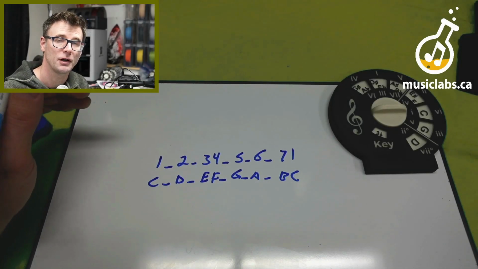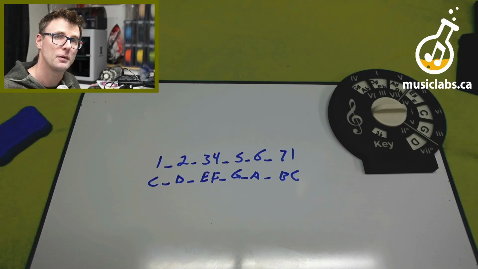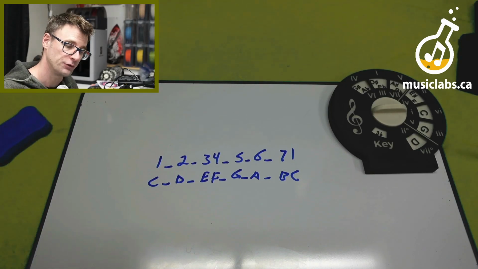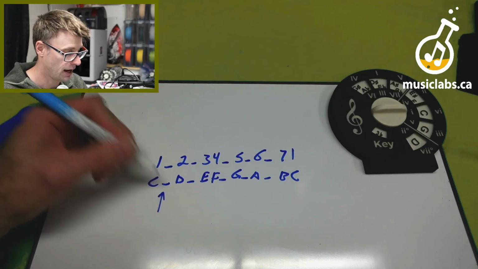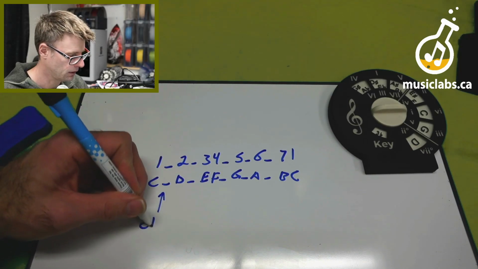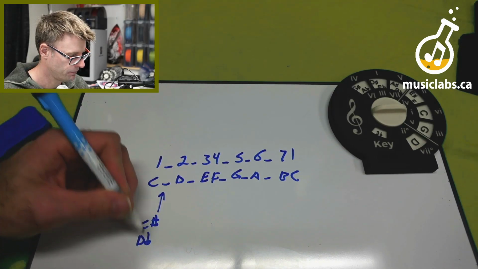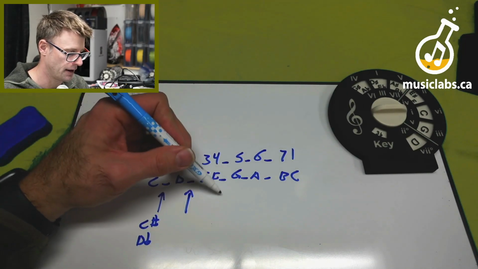All right, something I forgot to mention in the last video, so I just want to stick this in. This is quite important. We discussed about whole steps and half steps. Whole step 2 frets, half step 1 fret. We also discussed about sharps and flats. In between here can be a C sharp or a D flat. In between here could be a D sharp or an E flat.